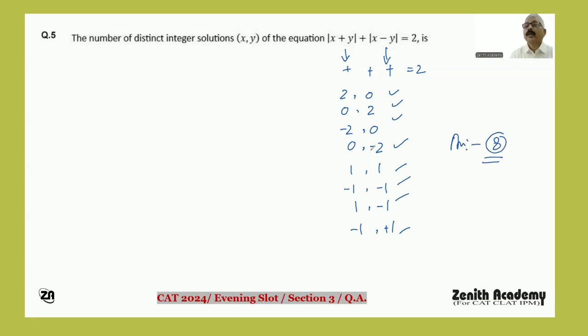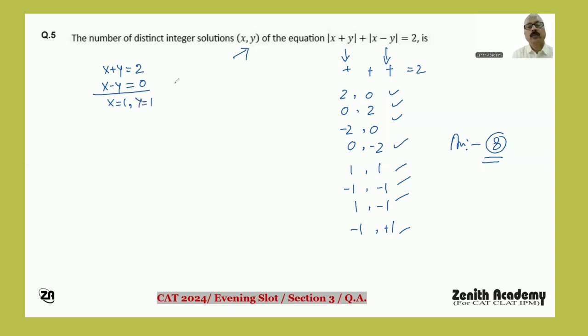लेकिन आपको अगर solution इसके दिखाने तो just for your understanding, if I take x plus y is equal to 2 and x minus y is equal to 0, दोनों equations को solve करेंगे. 2x is equal to 2, x is 1, then x plus y is 2, so y is equal to 1.